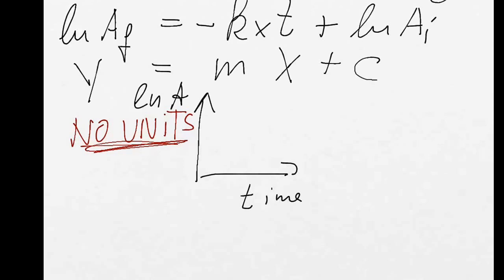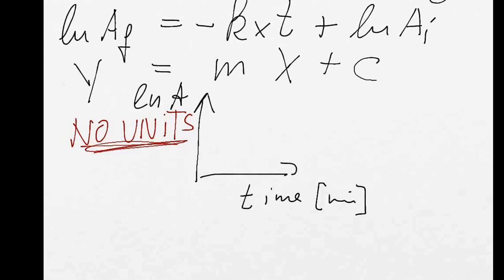On the time axis, of course, you have a unit of, say, minutes or something else. But nothing on the y-axis. I do not want to see units. This is where most people in an exam fall down because they feel the pressure of putting units down here. Don't.